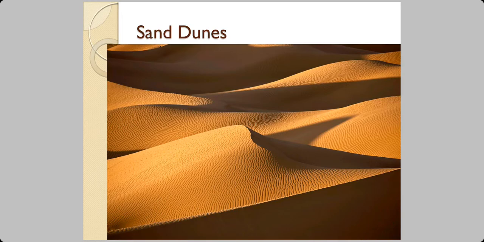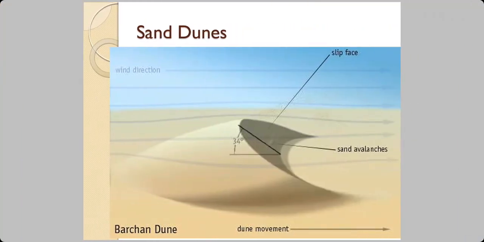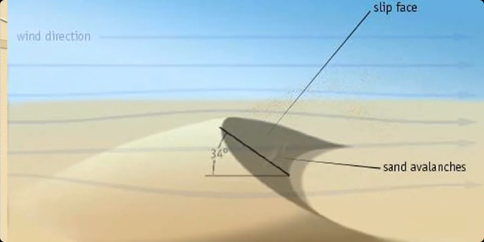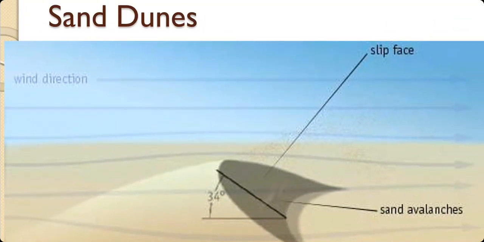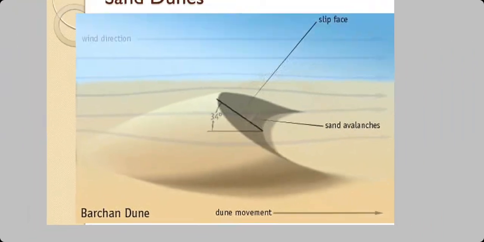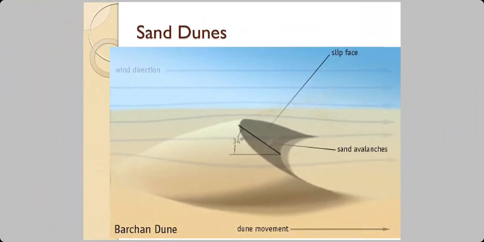Here's a picture of sand dunes, and here's a diagram of sand dunes explaining the wind direction and the formation, the structure itself. There are different terms for different shaped dunes which you will be learning in higher classes. This one is known as a Barchan dune.